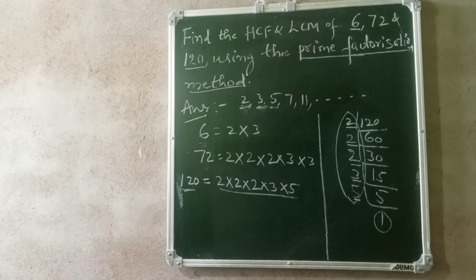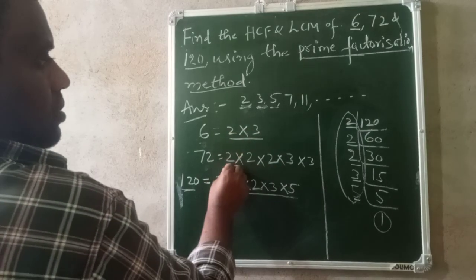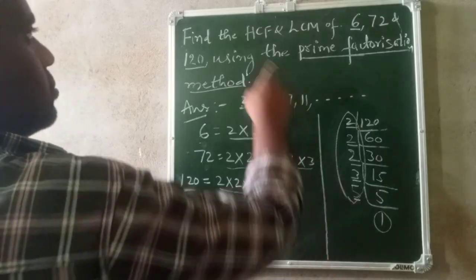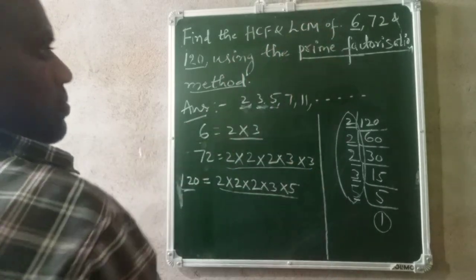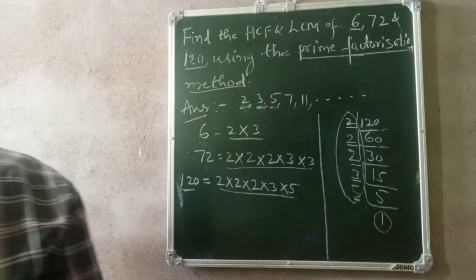So now, based on this prime factorization, we can find HCF and LCM. That is what the question asks: we need to find HCF and LCM. First we will see LCM.